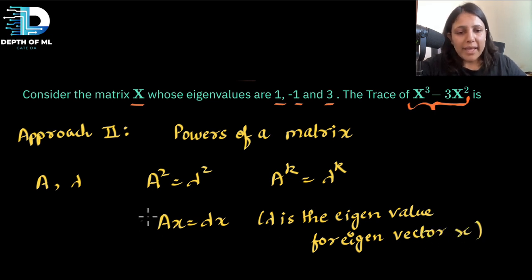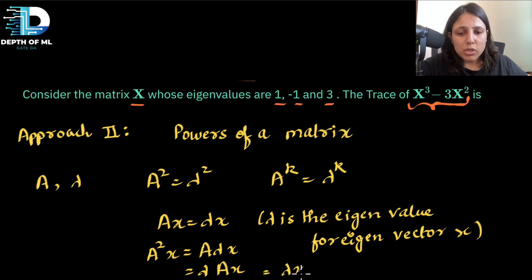So if I multiply A on both sides, what will I get? A square x is equal to A lambda x, right? Lambda is a constant, so I can take it out and I will write Ax. What is Ax? It's again lambda x. So what we have is lambda into lambda x. So A square x is nothing but lambda square x, right?